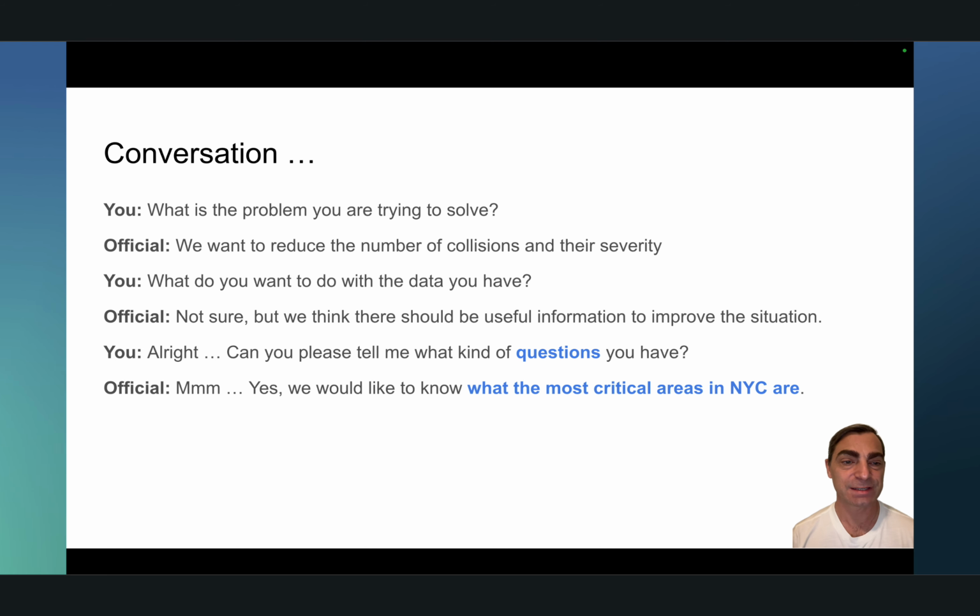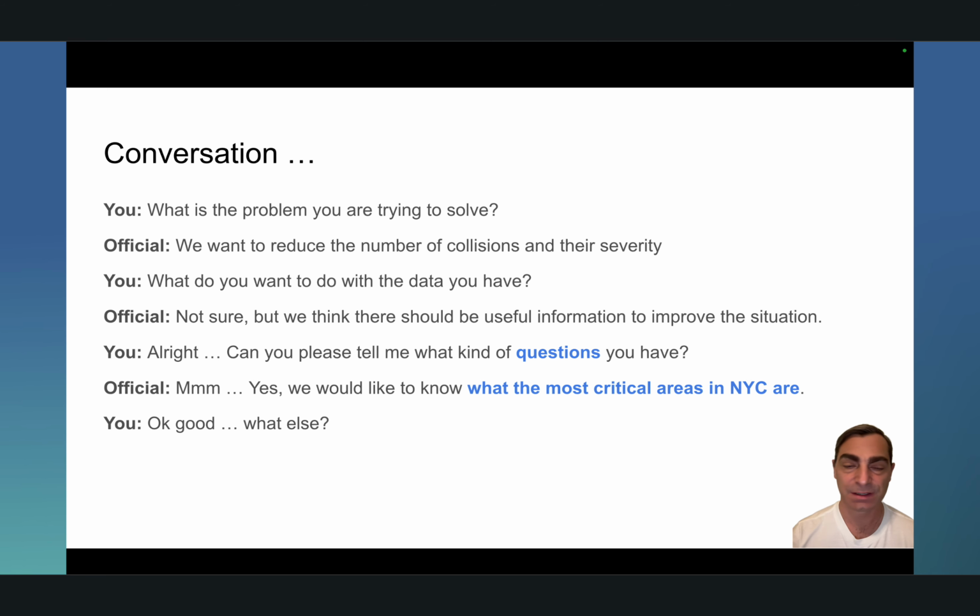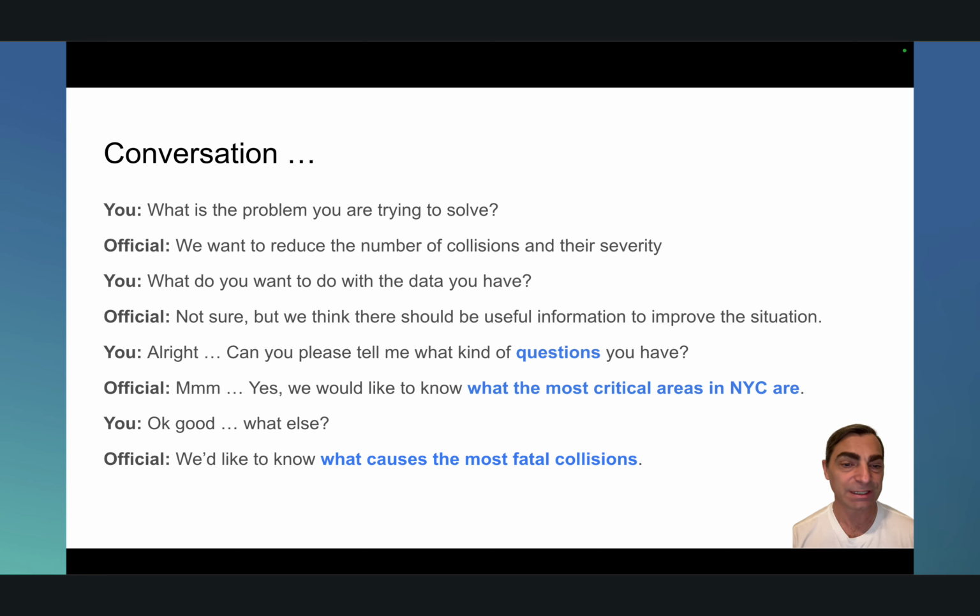And the official says, yes, we would like to know what the most critical areas in New York City are. Okay, interesting. And you say, okay, good, and what else? And they reply, we'd like to know what causes the most fatal collisions. Okay, now we're getting closer to something that can be done with the data, but we are not there yet.